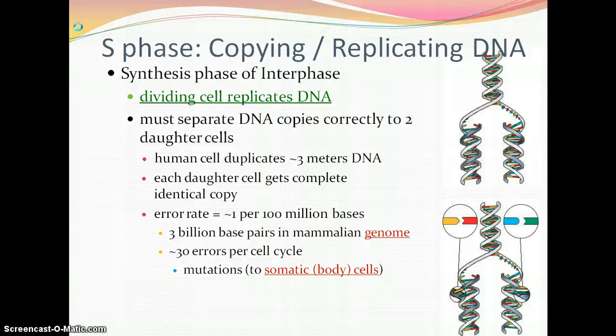So essentially, if you do the math with 3 billion base pairs in a mammalian genome, that's only 30 errors per cell cycle. But it still is 30 mutations or 30 different errors that are going to occur and give variety actually to the next daughter cell's genome.